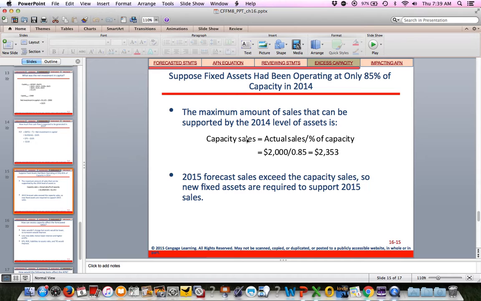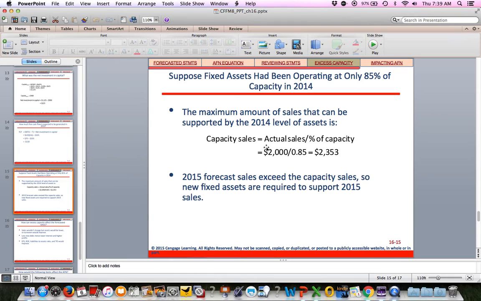It says here, suppose fixed assets have been operating at only 85% capacity in 14. They told us before that we were at 100%. And so the question then becomes, what would the sales forecast be, and how much sales could we support based on our existing capacity?